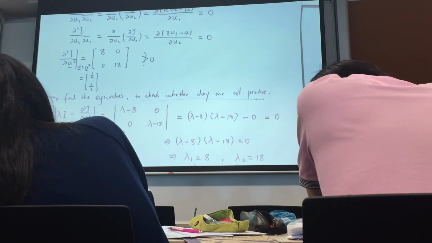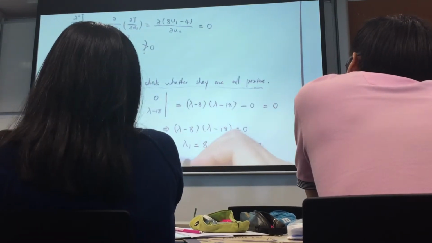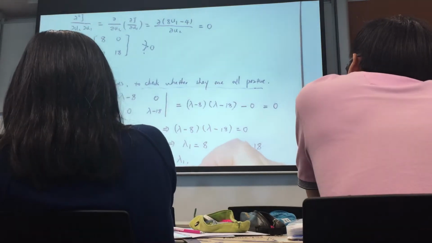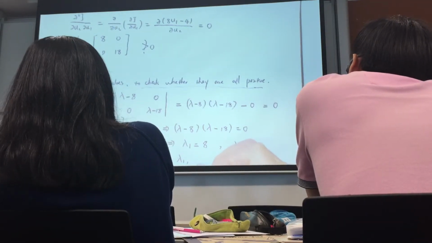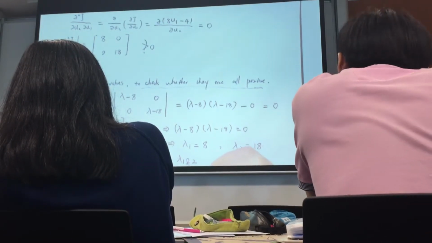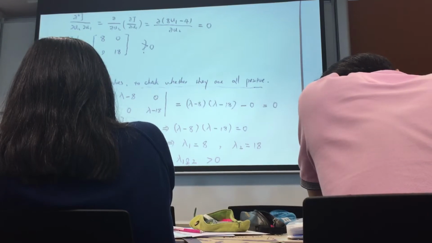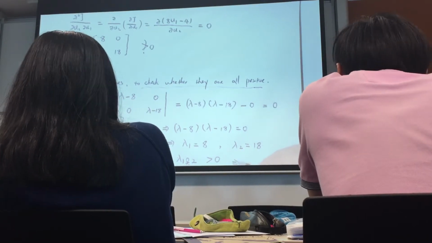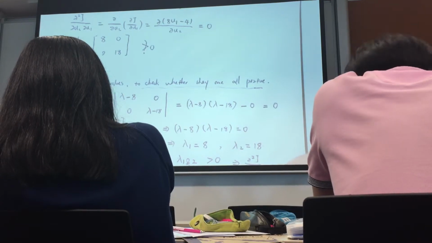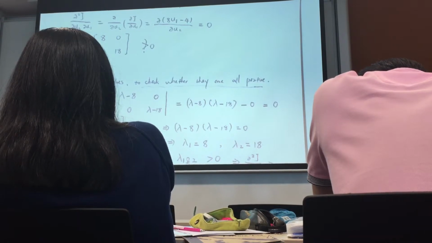So here, because we now have lambda 1 and lambda 2, both greater than 0, we can see this second derivative, d²J/du², this matrix is greater than 0.